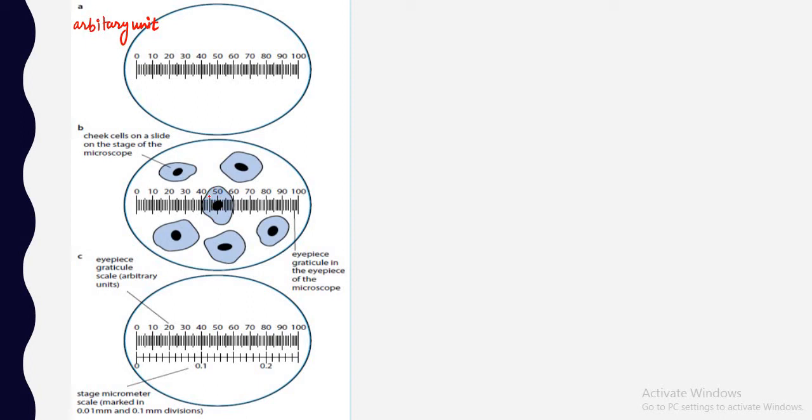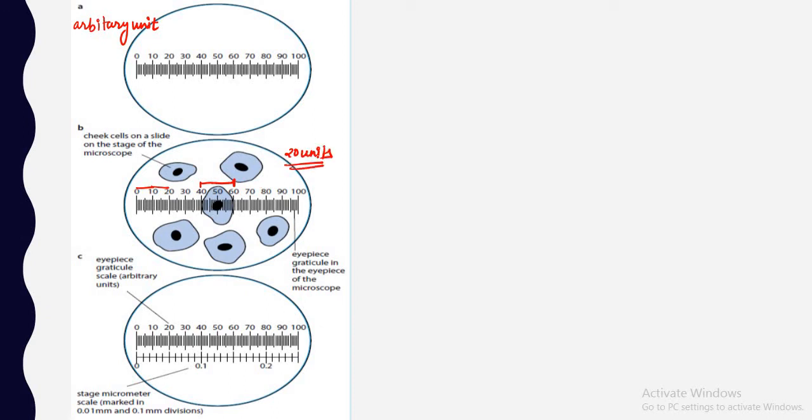If you have noticed, one cheek cell is somewhere around 20 units, because each division shows 10 units. So 0 to 10, 10 to 20, 20 to 30, 30 to 40. Over here, what you have recorded is 40 to 60. That means 20 units.